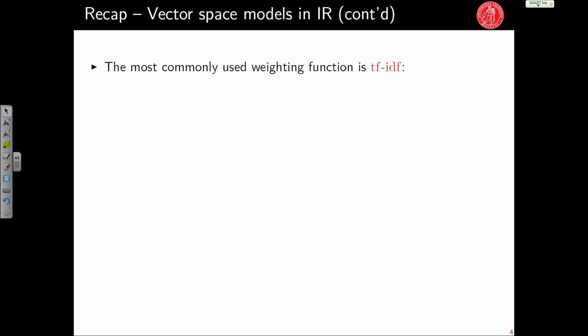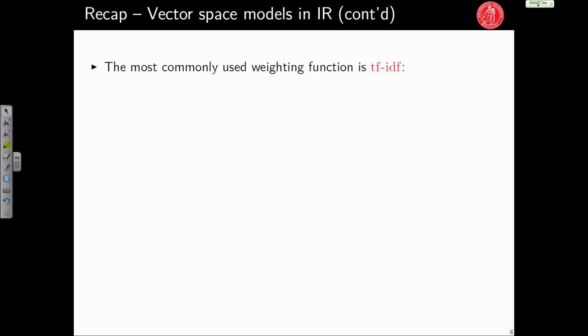One other thing: if you remember from last lecture, we said that raw frequencies are not always the most indicative or discriminative kind of features. If you just rely on the raw counts of how many times a given word occurs with some features, that's not always the best way to represent features. An alternative used in IR is a weighting function called TF-IDF, which stands for term frequency inverse document frequency.